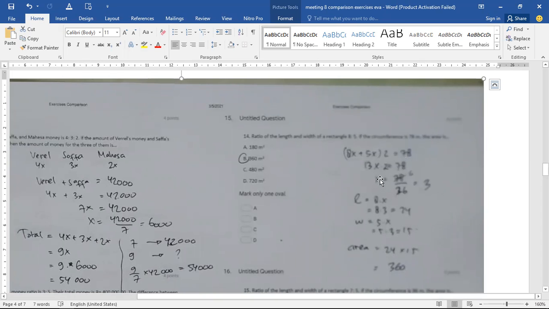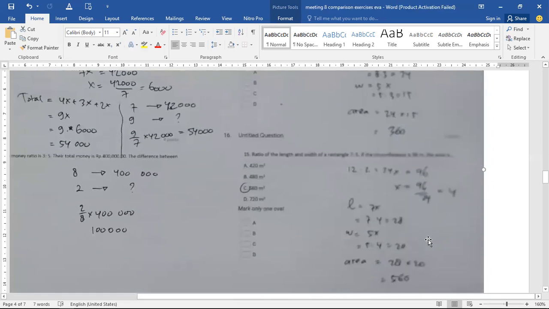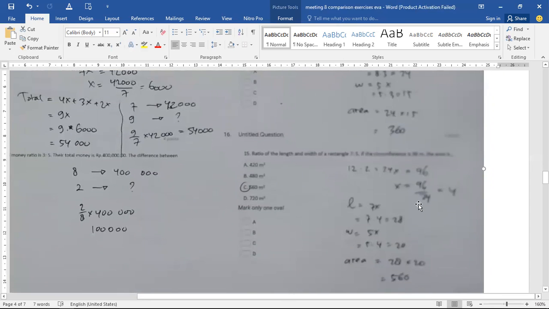So we can find x: 78 per 26 equals 3. So the real length is 8 times 3, so 24. And the width is 5x, so 5 times 3 is 15. And then the area is 24 times 15, so 360.